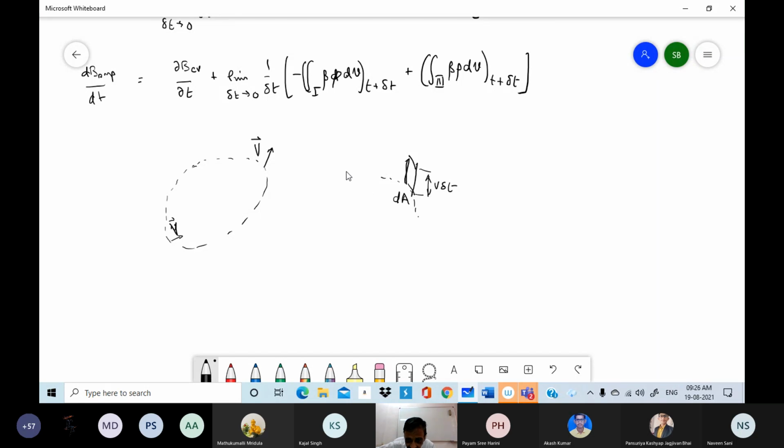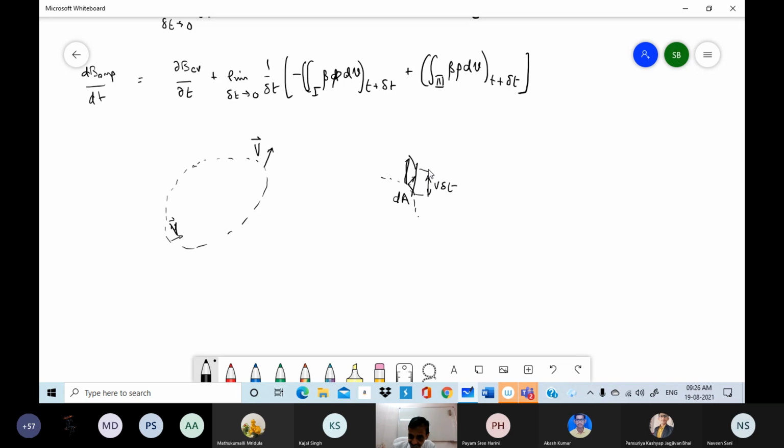The base area is a vector quantity. The vector quantity has direction normal to the area. That direction may not be same as direction of the velocity. So then it will not be a right cylinder, it will be an inclined cylinder. So then it has base area dA and slant height v delta t.